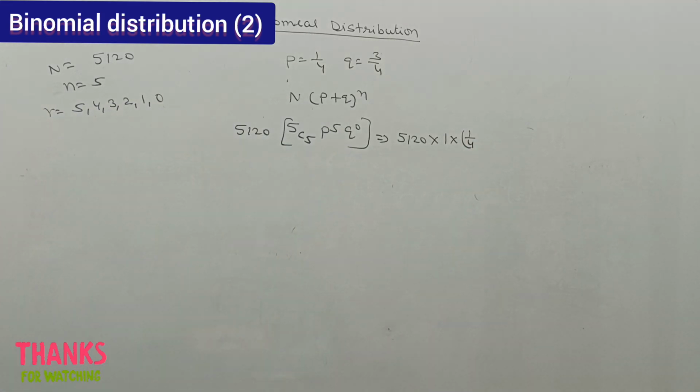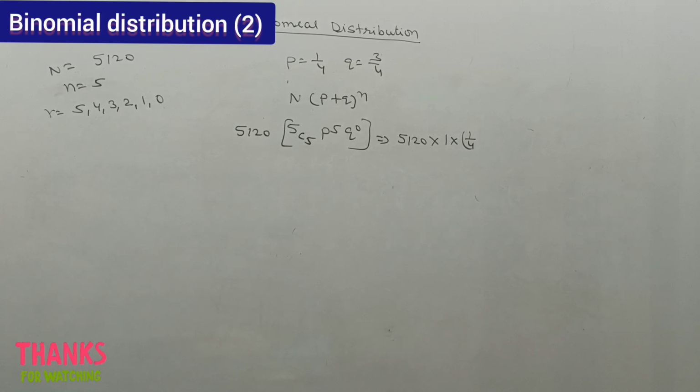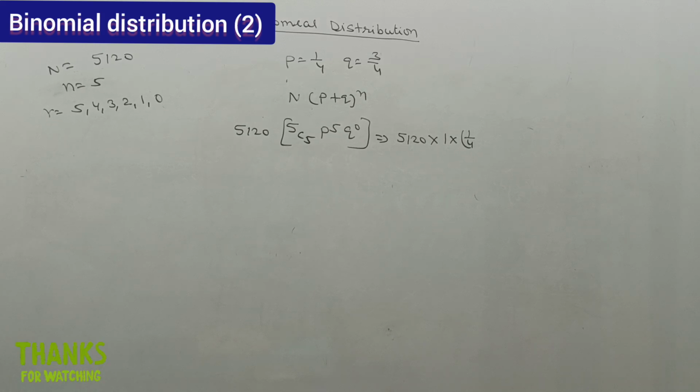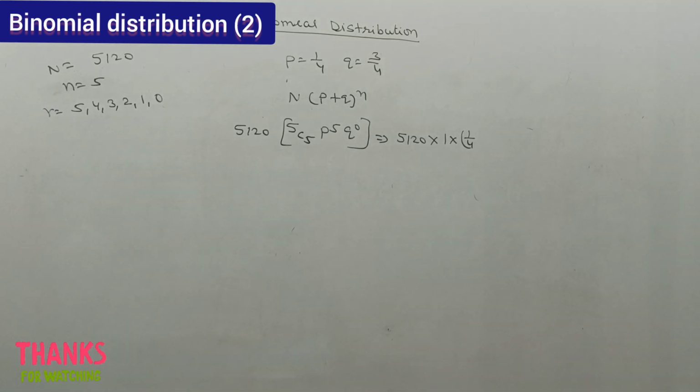We are to see the number of seeds which we calculated. Okay, this P is related to the destroyed seeds and Q is cultivated.